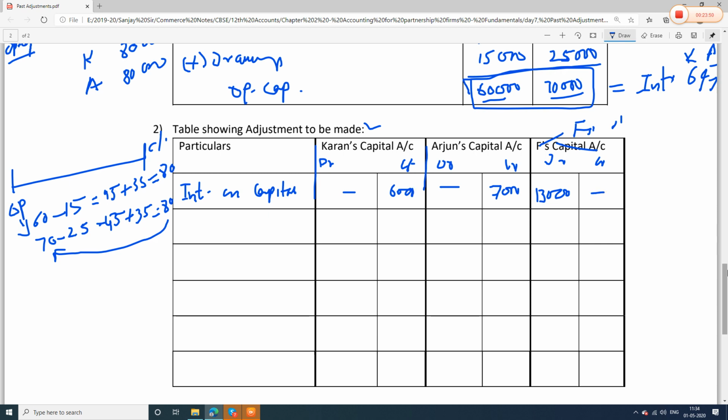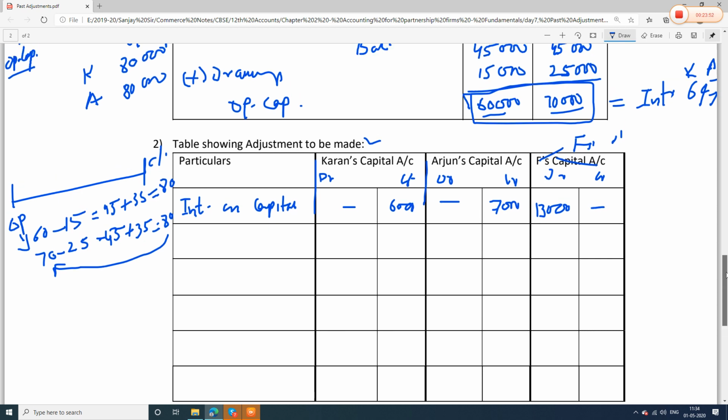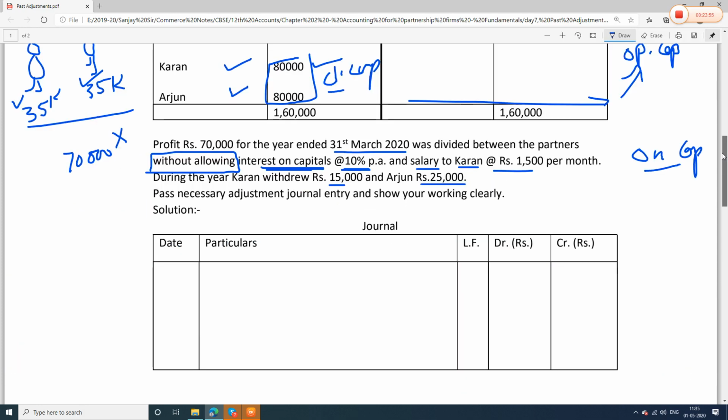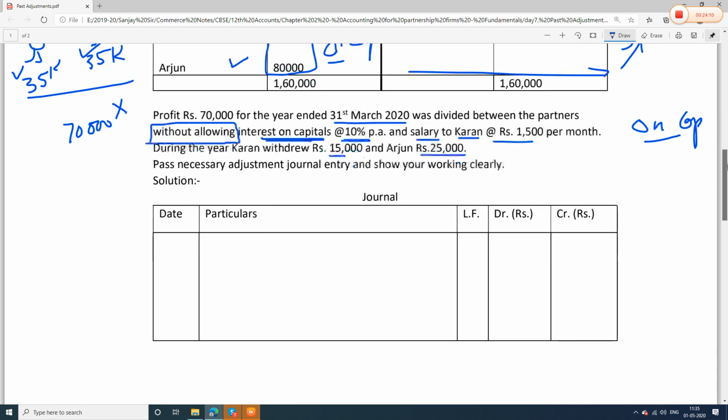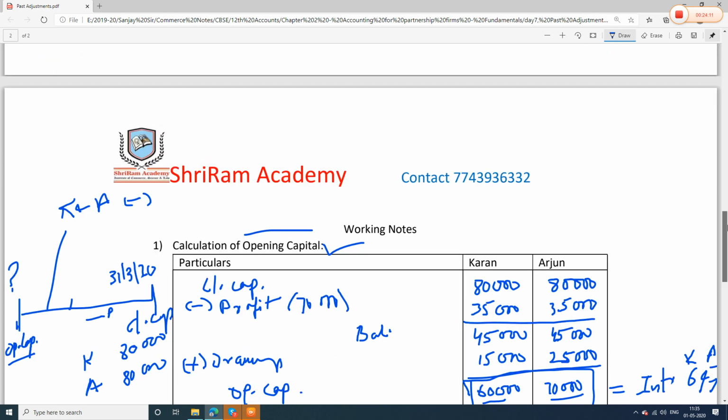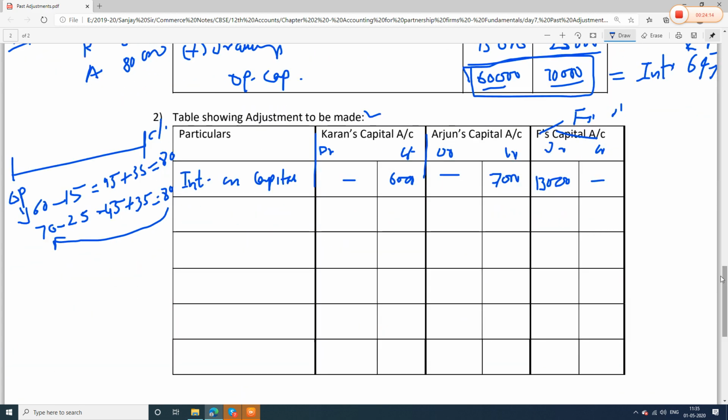This is first. Now second, we will see what more is mentioned. During the year Karan withdrew, without allowing interest on capital and salary. We forgot these two items. So salary also we have to pay, but to whom?